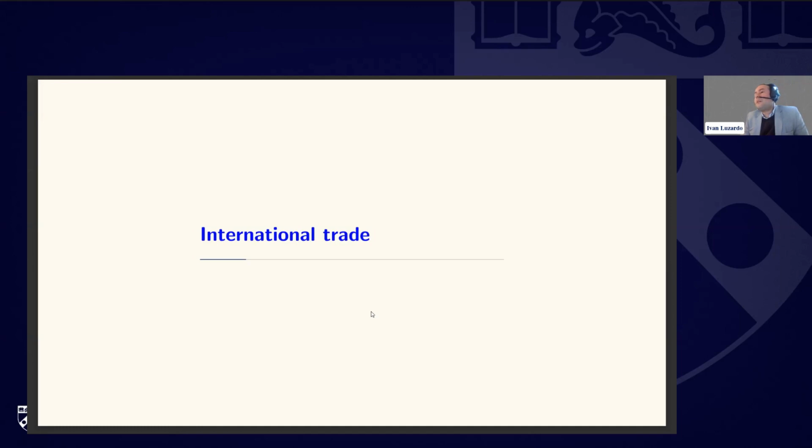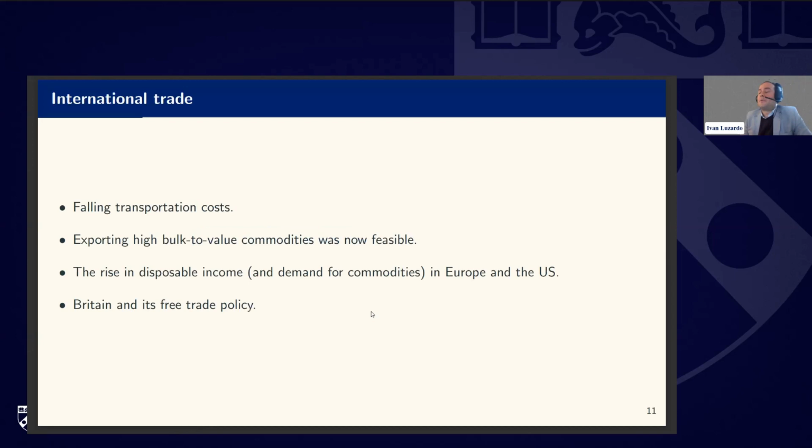There are different ways in which economies are integrated, and trade is one important way to have that economic integration. The first thing to consider here is that we have an expansion of international trade in the late 19th century.